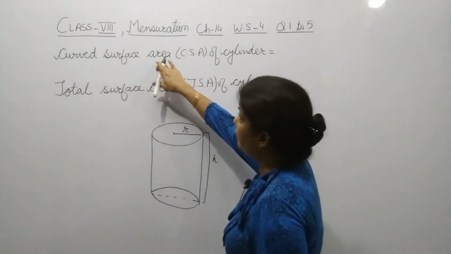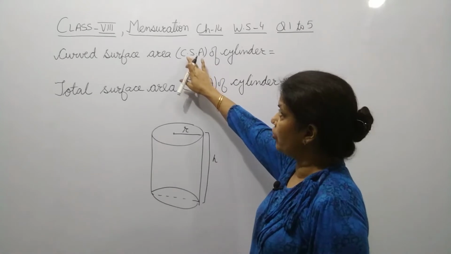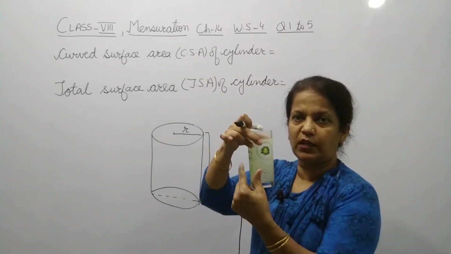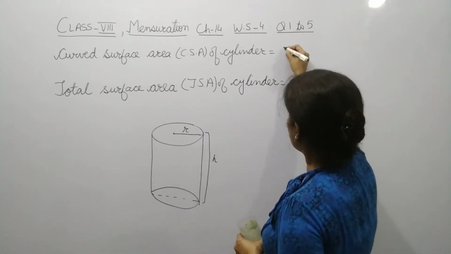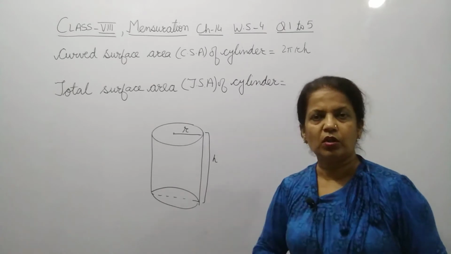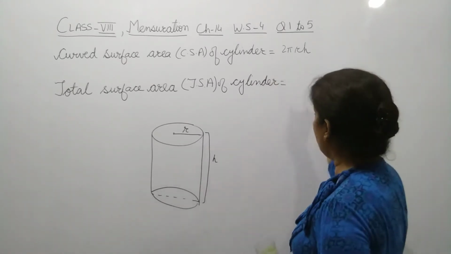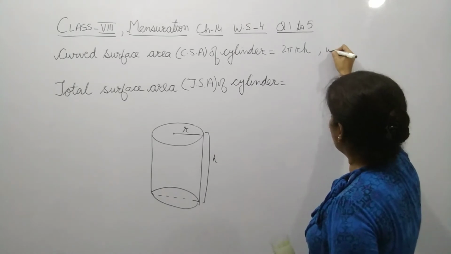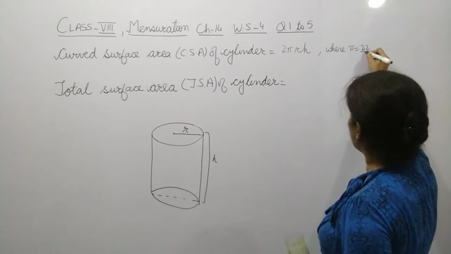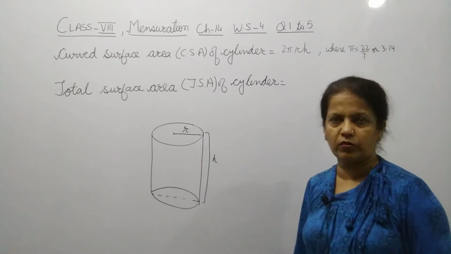Then the curved surface area of the cylinder, also written in short form as CSA, which means the sideways part, has the formula 2 pi r h, that is, 2 into pi into r into h, where pi equals either 22/7 or 3.14.